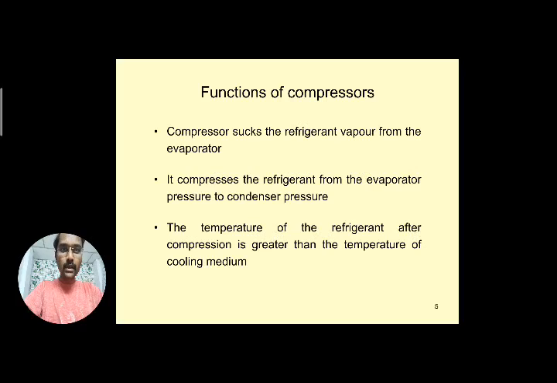What happens here is the pressure and temperature of the refrigerant become greater than at the entry, before entering into the compressor. At the exit of the compressor, if you observe, high pressures and temperatures can be obtained, right?